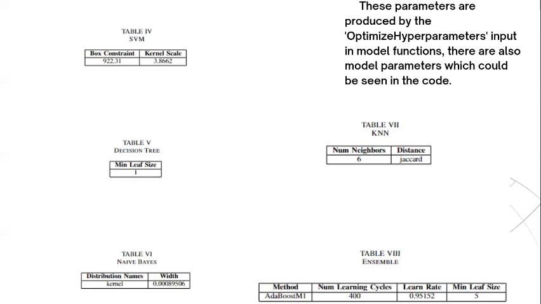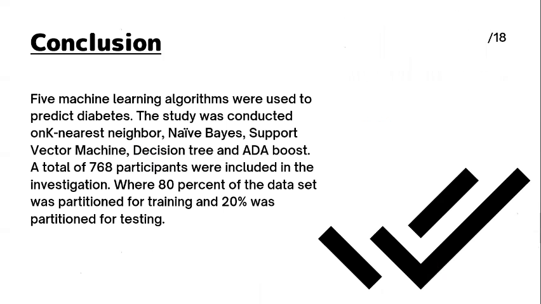5 machine learning algorithms were used to predict diabetes. 778 participants were included in the investigation. Having used the optimized hyperparameters, a maximum accuracy of 0.99 was achieved by the KNN among the other algorithms.